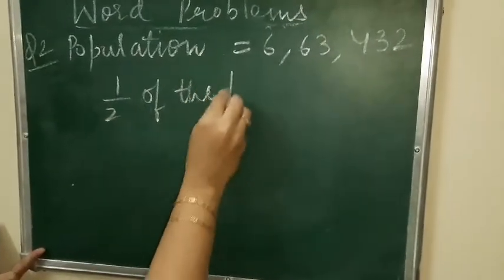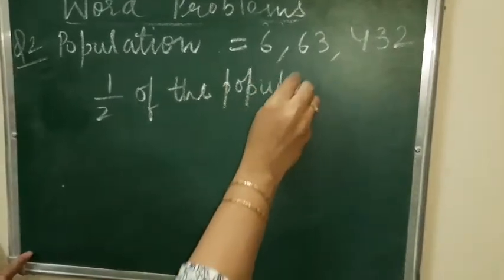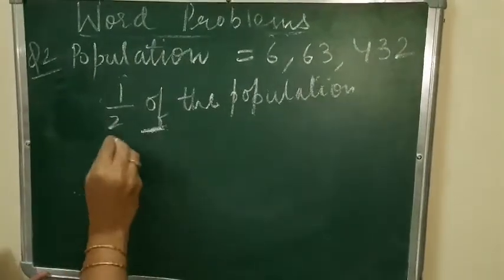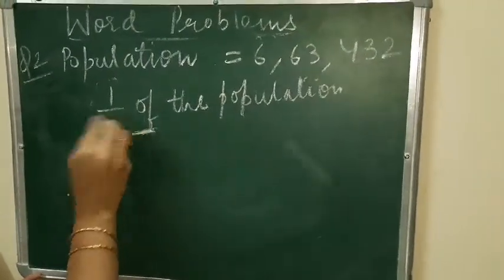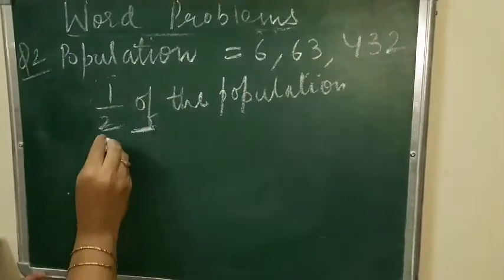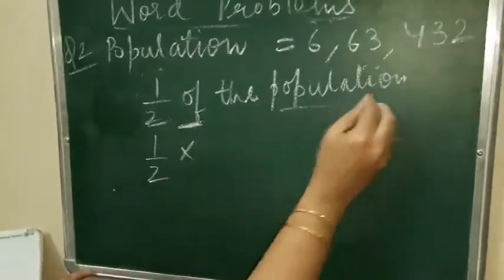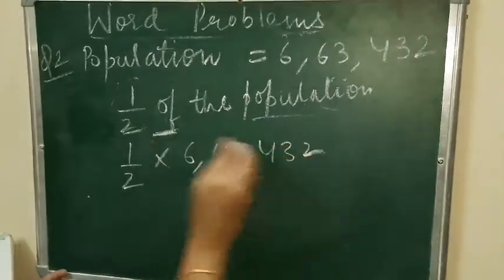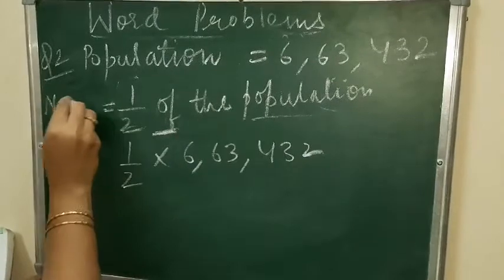Whenever the word "of" is written, that means you cannot take this in this form. That means you have to multiply. Of means multiply. You have to multiply half into population, and whatever answer you get, that will be your number of males.